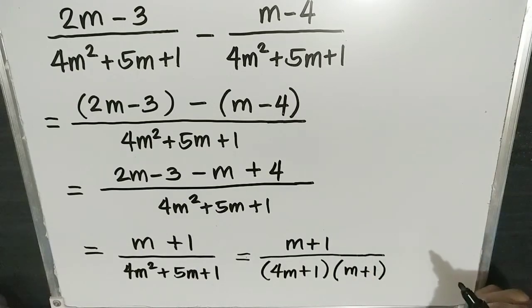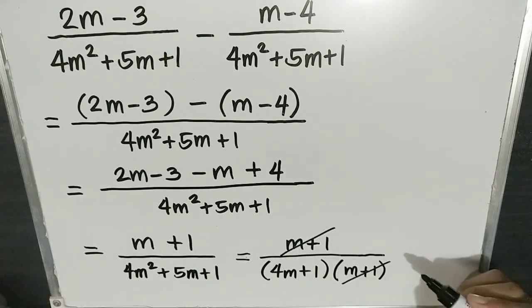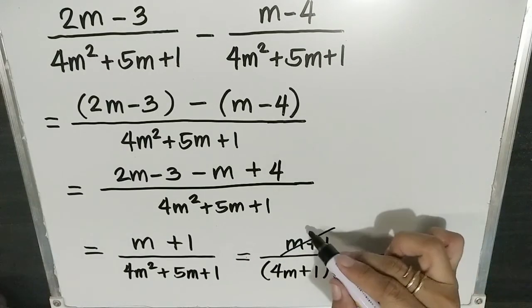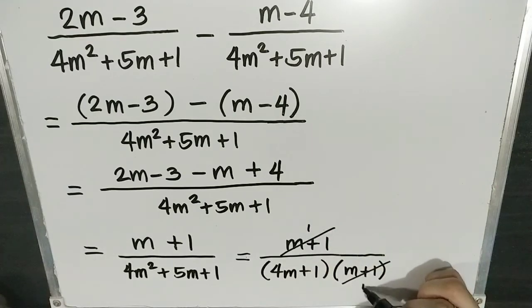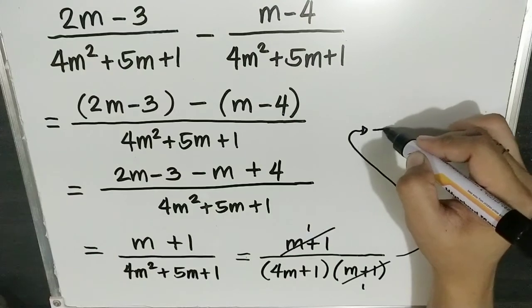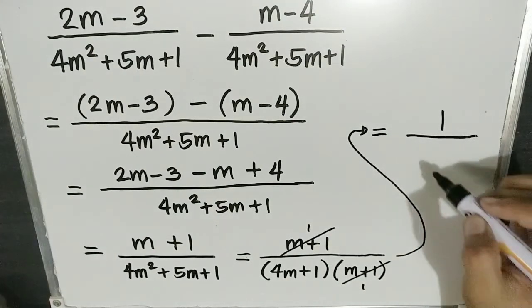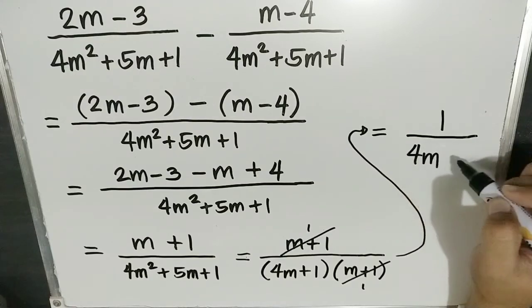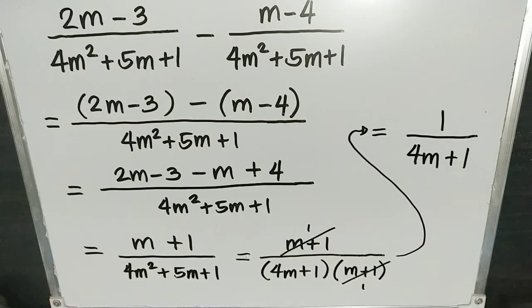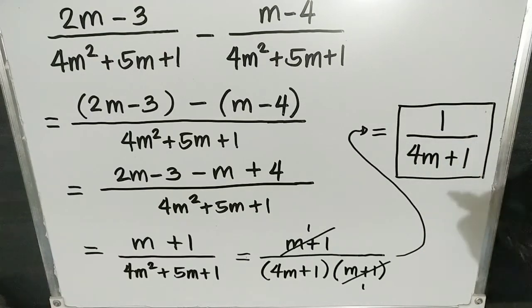Alright. So with this, we can cancel or cross out m plus 1 and m plus 1 in the numerator and denominator. So this becomes 1. Okay? So let's continue here. So we have 1 in the numerator and 4m plus 1 in the denominator, because 4m plus 1 times 1 is 4m plus 1. So this is now the difference in simplest form.